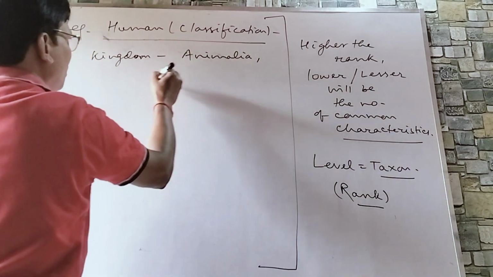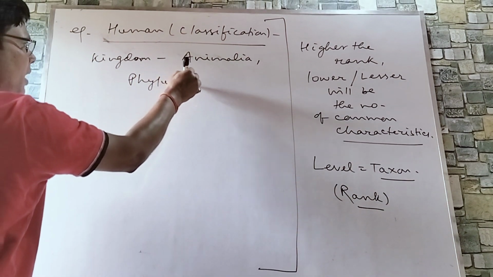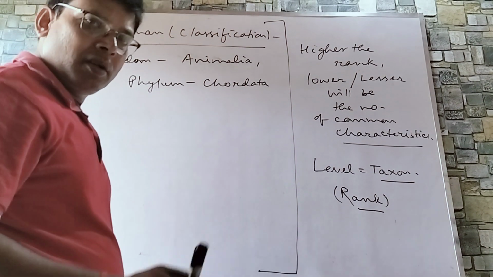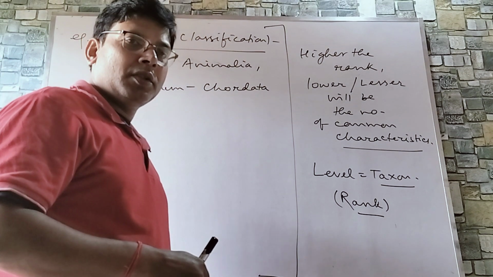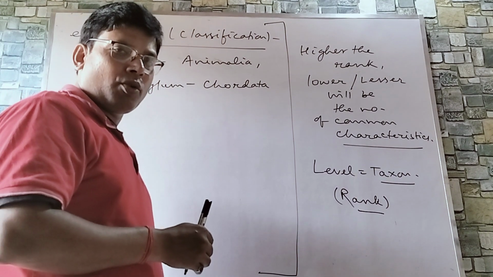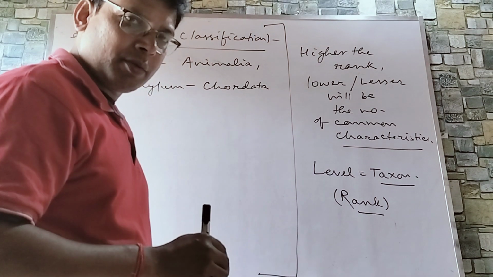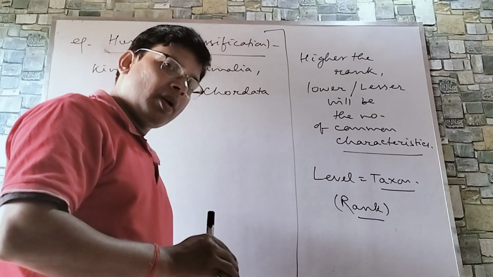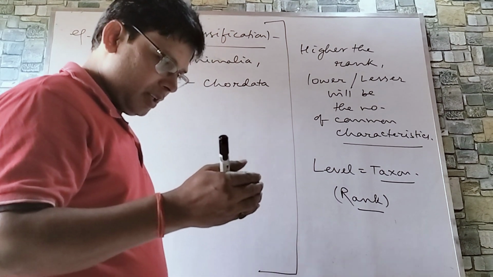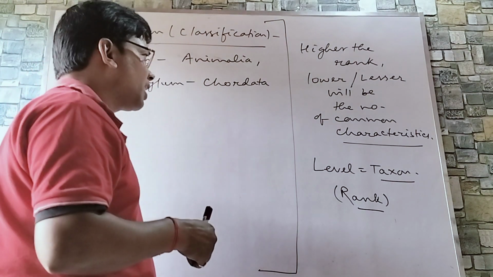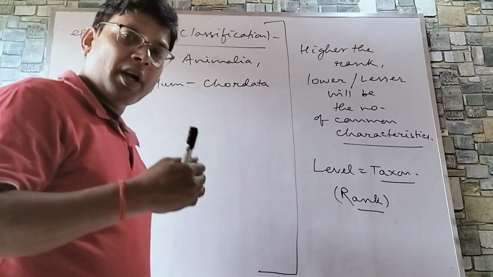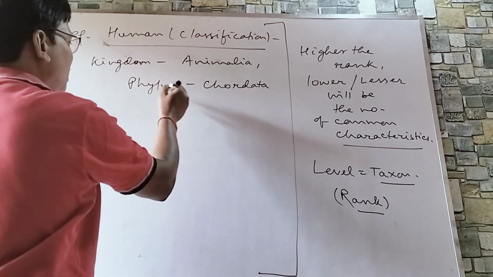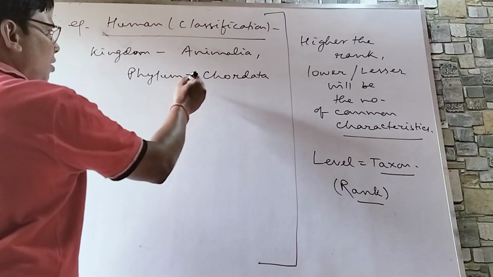After that, phylum Chordata. Chordata means a dorsal tubular nerve cord is present, which is related to the nervous system. Then the notochord is related to the skeletal system. Then paired pharyngeal gill slits. So kingdom Animalia, then phylum Chordata.